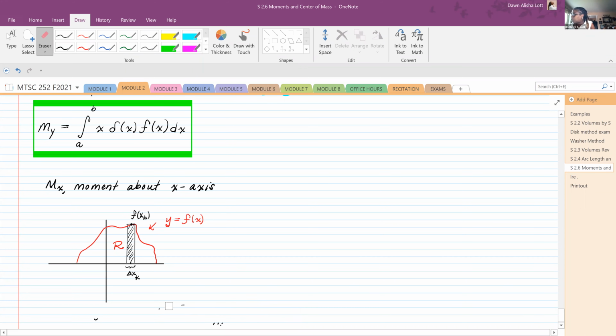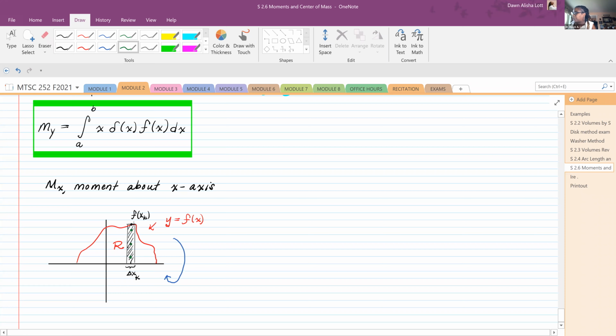What I don't know is how far that mass is away from the x-axis, because now when I want to do the moment about the x-axis, I want to look at its desire to rotate that way. That is dependent on where it is inside here.